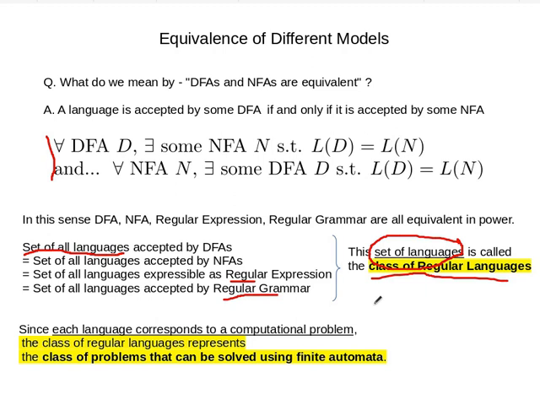So this set of languages will be called the class of regular languages. This class of regular languages is in some sense more fundamental than thinking about DFA or NFA or regular grammar or regular expression. So all these DFAs, NFAs, regular expressions, regular grammars, they are different models to solve problems in this class, right? But this class of regular languages, or if you think of these languages as problems, this class of problems, this is the regular class.